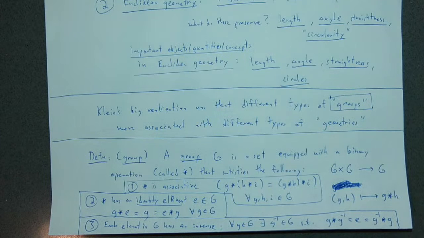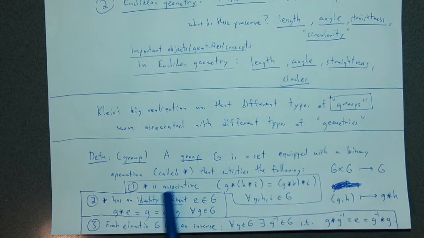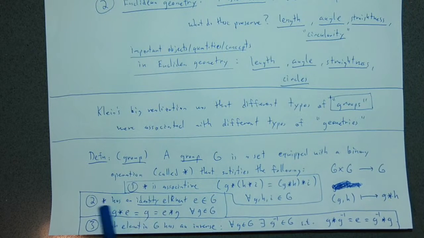So for instance, one of your easiest examples of a group: take the integers with plus. Take the integers, take the operation of plus, that's a group. Adding integers is associative. And integers have an identity element with respect to plus, that's just 0. And each element in Z has an inverse.